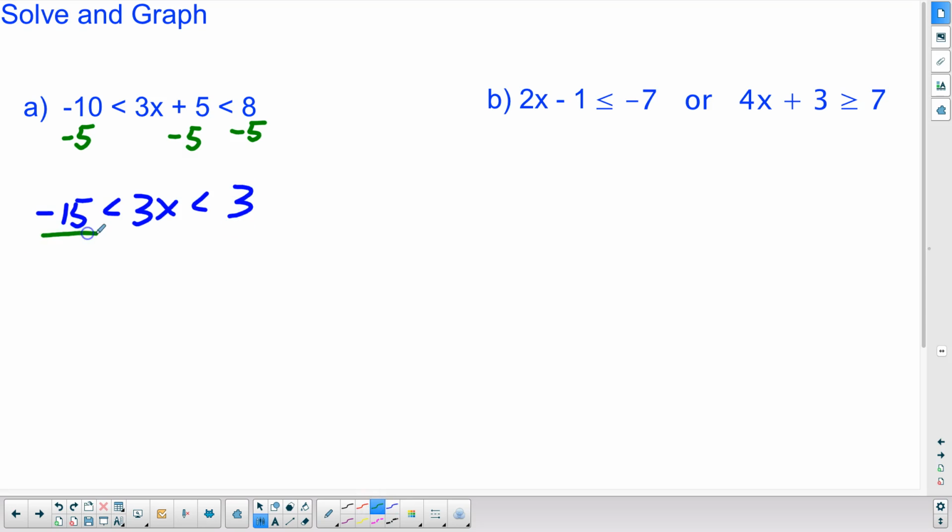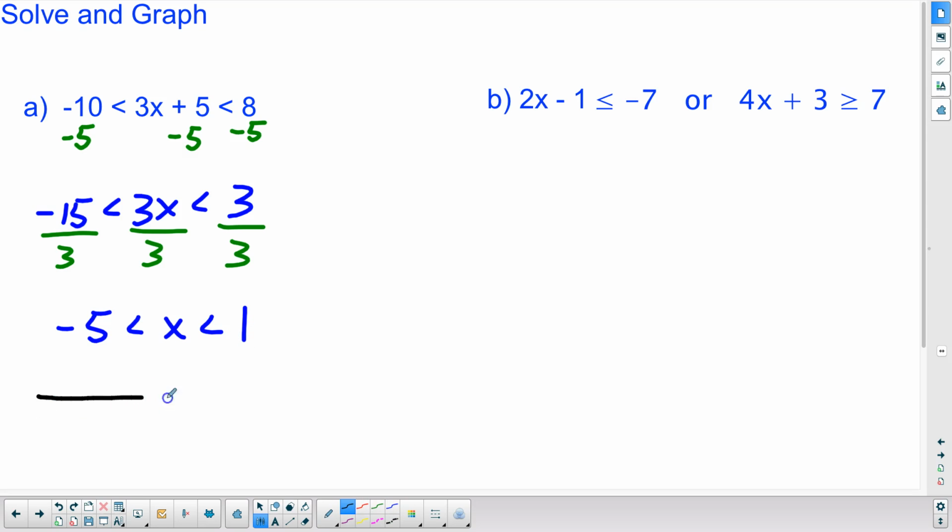I'm going to divide then by 3 in all of my parts. What if I divide by a negative number? Both of them have to switch. Okay? Both inequalities flip if we multiply or divide by a negative number. So that's going to be negative 5 less than x less than 1.